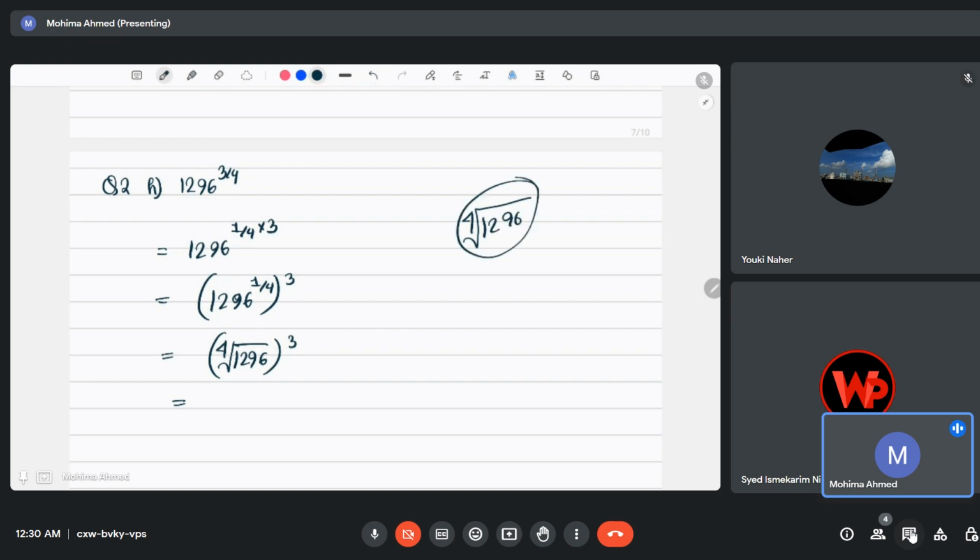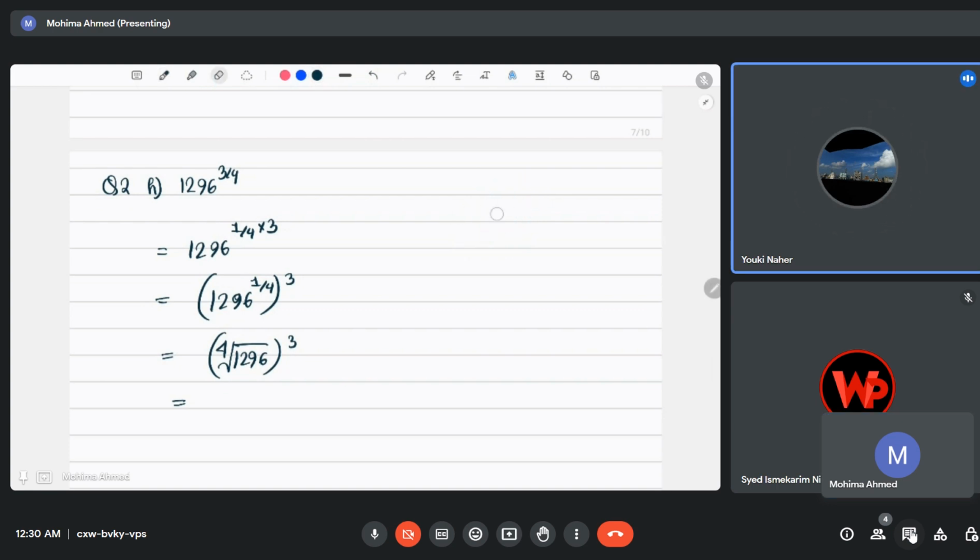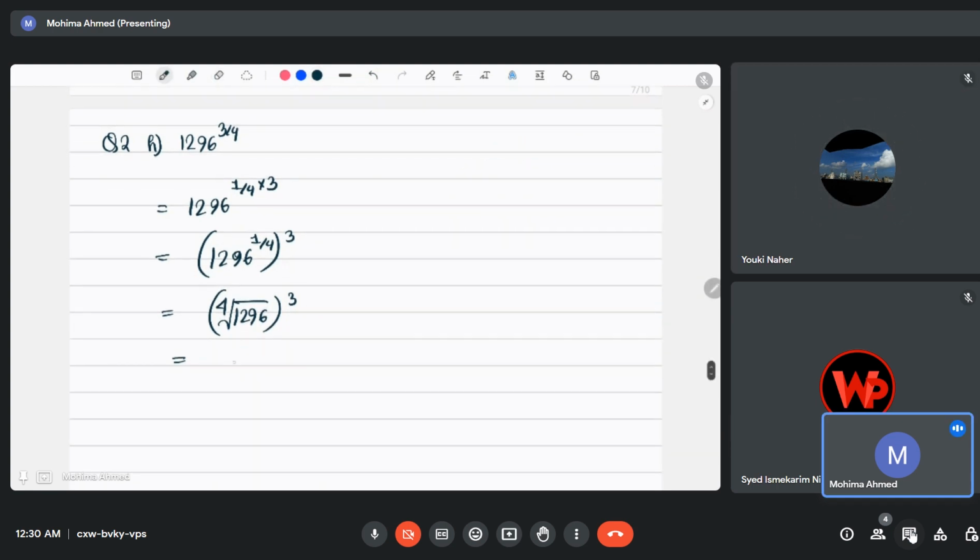What is the value of the fourth root of 1296? Yes, the answer is 6. So now we have 6 with a power of 3. When you cube 6, what is the value? 216. So 216 is the final answer.